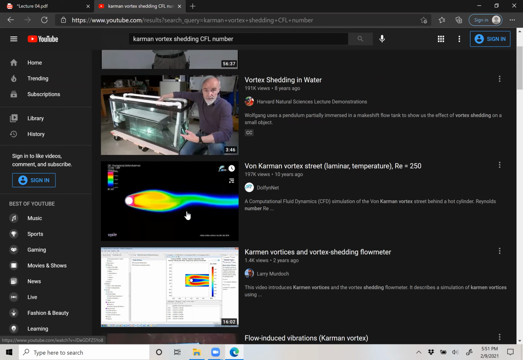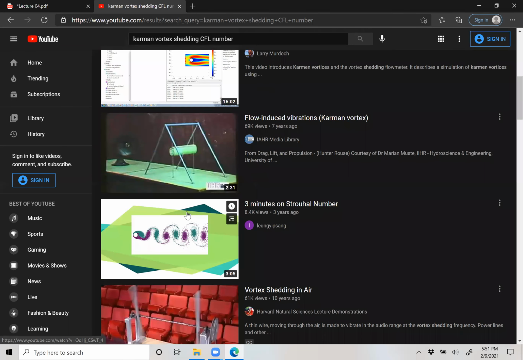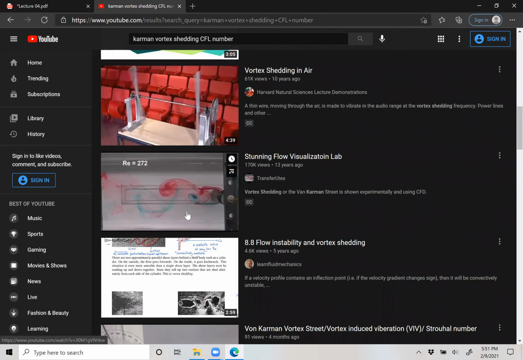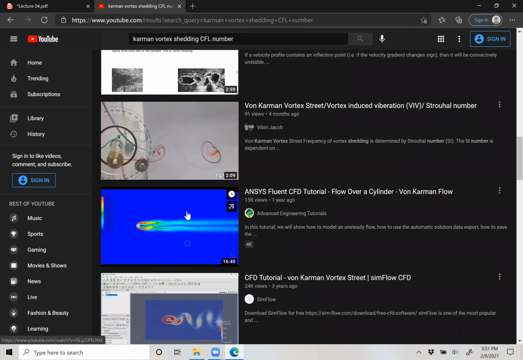Now, vortex shedding is a really fun, simple problem to do. And what's beautiful is, say, using CFX, setting a low CFL number, and just using a really, really nice mesh with a low Reynolds number, even of 50, we can get vortex shedding phenomena. Now, this is completely CFL number dependent.